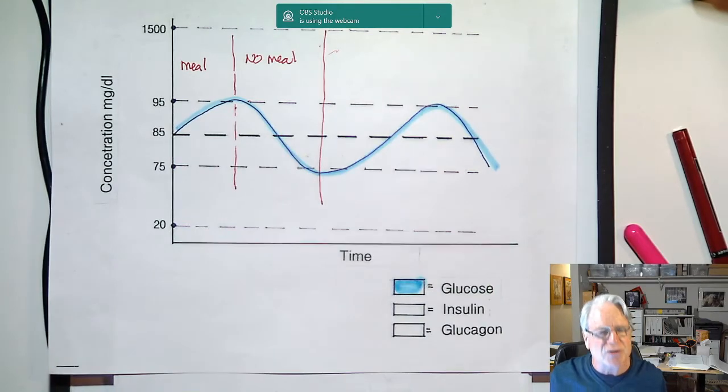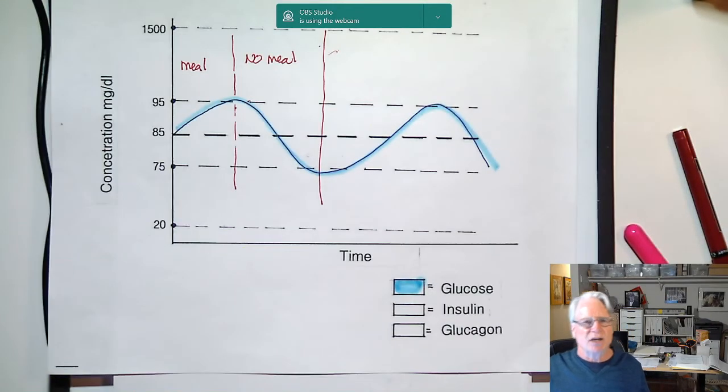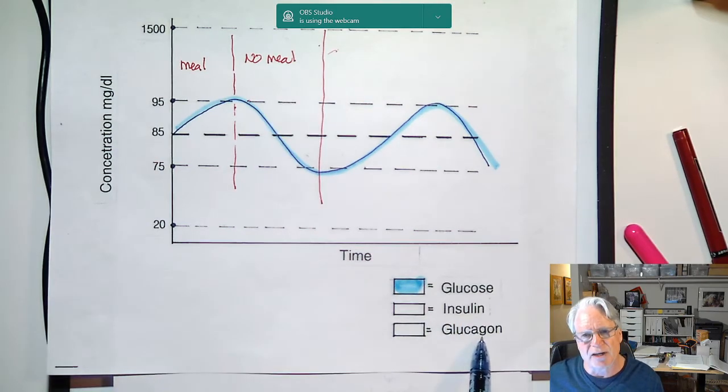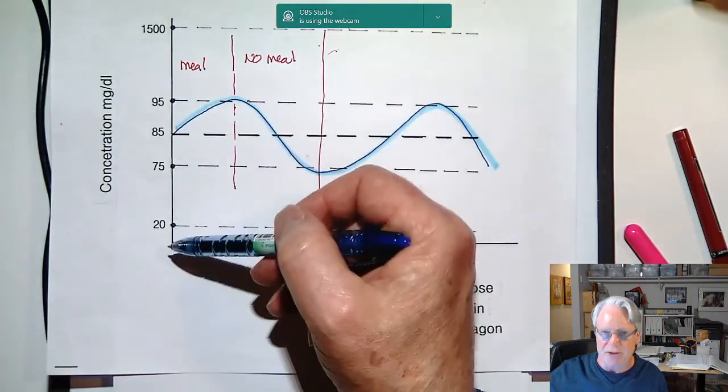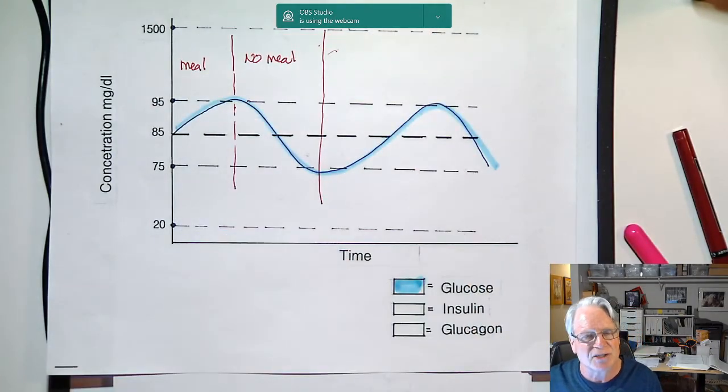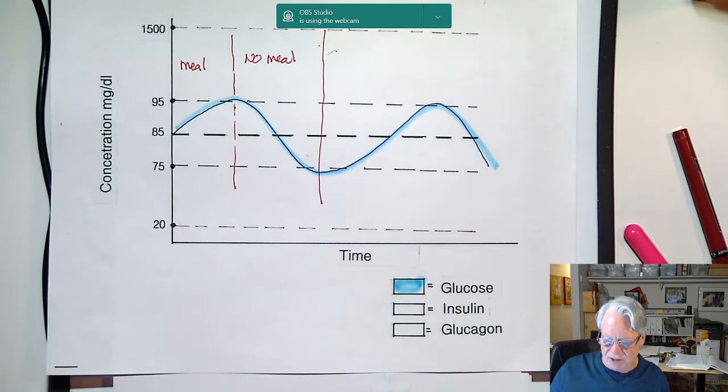So I'm going to show you that response, and I want to tell you that the milligrams per deciliter does not apply to these. The concentrations of the two hormones I'm going to talk about, insulin and glucagon, are not reflective of these values. I'm putting them in there just so you can see the response of your body to these changing conditions.